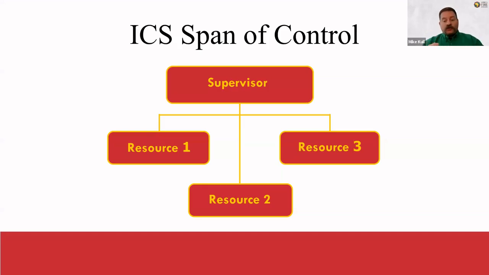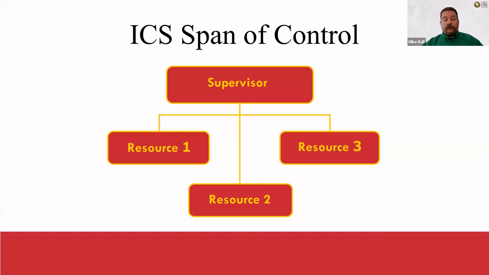So the engine responds. One of those 6 people, when they arrive on scene, will become the incident commander. In this slide here, they're the supervisor, right? And then the other 5 people on the crew in the engine are your resources. It's within your span of control. It's 5 people. We're good. We've got all of our positions filled. We've got incident command. We've got 5 people underneath of them.